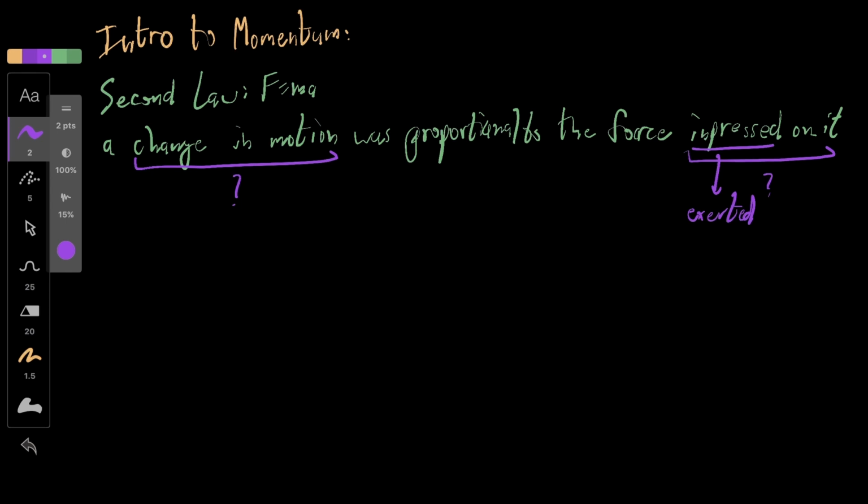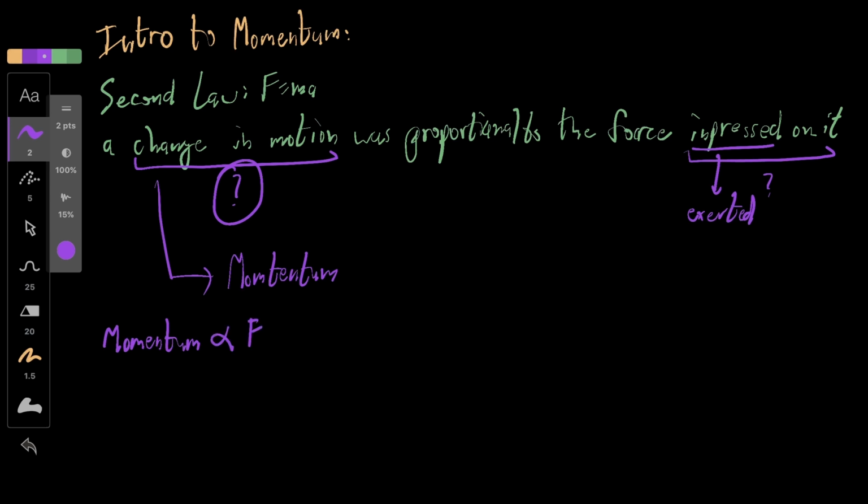But what about this change in motion? Well, this was momentum. So what Newton is really trying to say in his second law is that momentum is proportional to force.